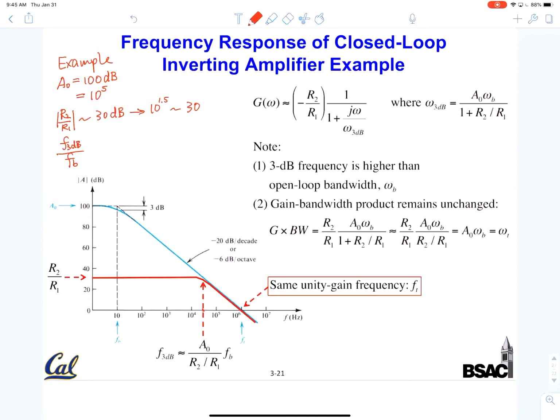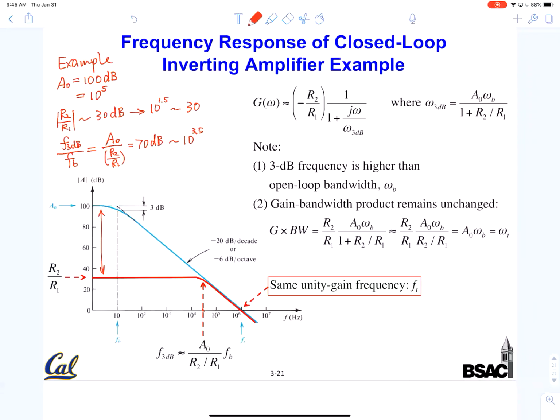And we see that the bandwidth has been pushed out by this factor. So this is the open loop gain over R2 over R1. We can read it out basically from here. It is roughly 70 dB, and this is about 10 to the 3.5 times.